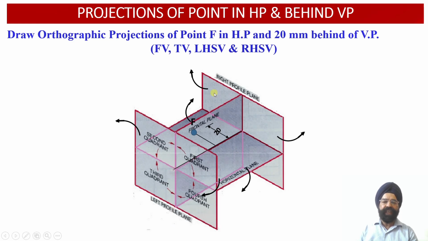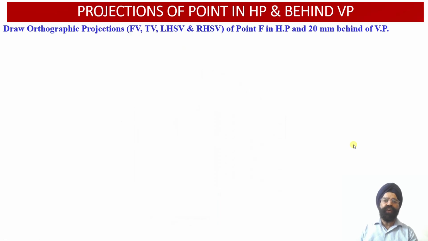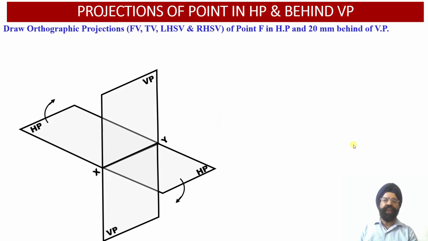Similarly, the right profile plane, which is available on the right side of the vertical plane, will be rotated in the rightward orientation about this vertical hinge. This way we will be able to obtain all the orthographic projections of this point F into a single plane. So let us now evaluate the orthographic projections of this point F, which lies in the horizontal plane and 20 millimeter behind the vertical plane.